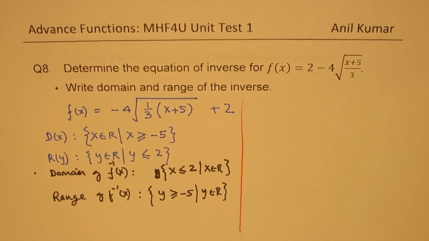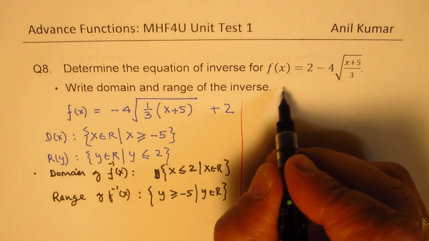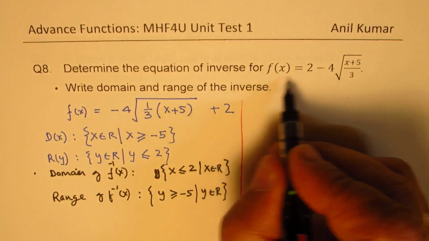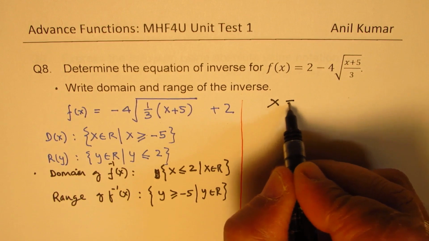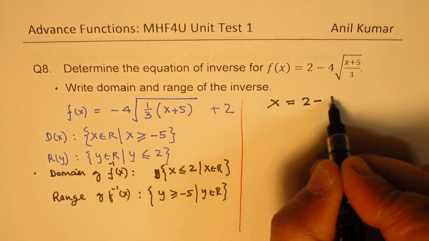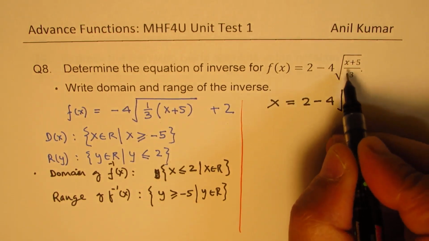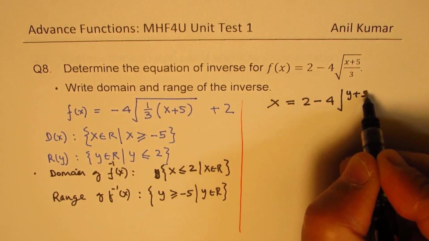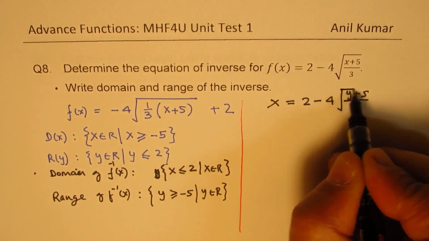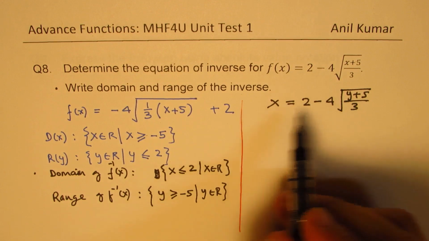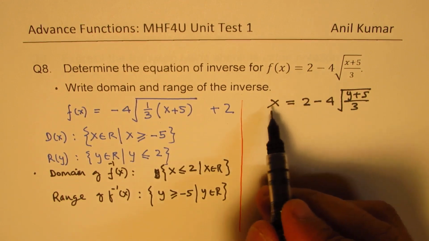Perfect. Okay, now let's get back to finding the inverse itself. To find the inverse, we have to swap, right? So what we get here is x equals 2 minus 4 square root of (y plus 5) over 3, correct? We have to isolate y now. So first we'll subtract 2.